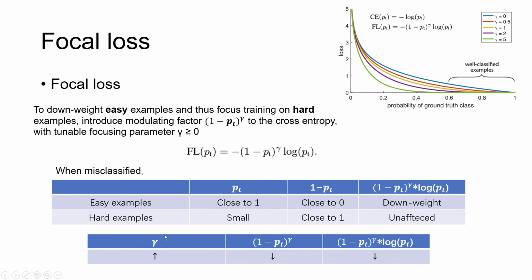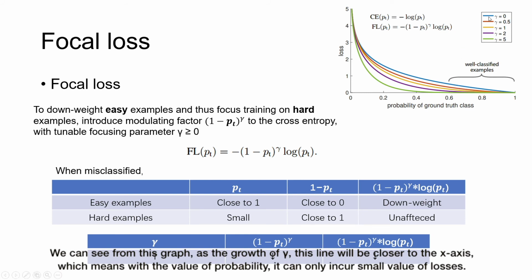Gamma is a tunable focusing parameter that can determine the rate at which we downweight the easy examples. Because as gamma grows, the modulating factor will decrease, so the focal loss will decrease as well. We can see this from this graph.